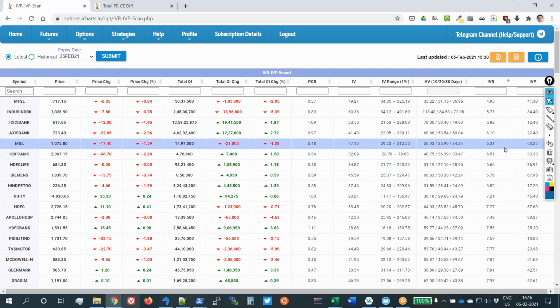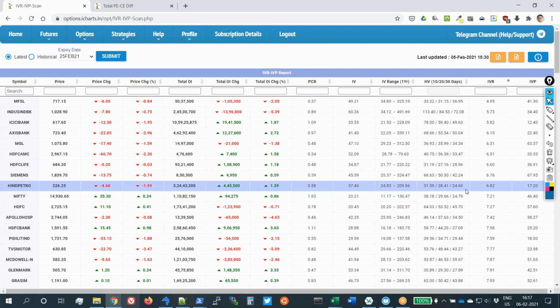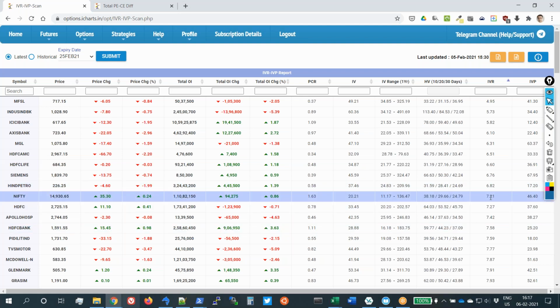When IVR and IVP are low, there would be an expectation of volatility going up from there, so you would go for either debit spreads, calendars or diagonals. If volatility explodes from there, even if price doesn't move and only volatility explodes, these trades would come into favor. They'll straight away go into profit, even if price is still sideways.